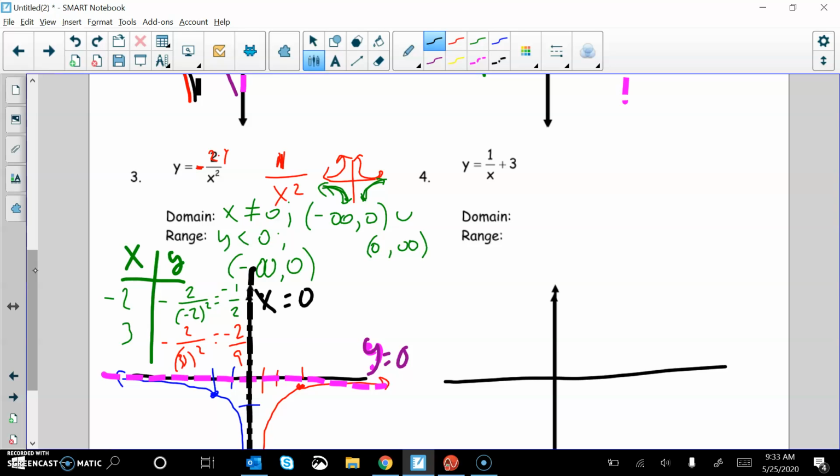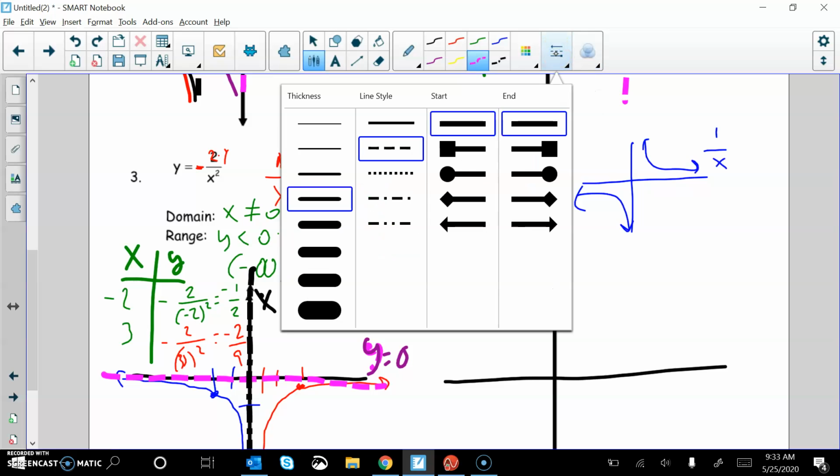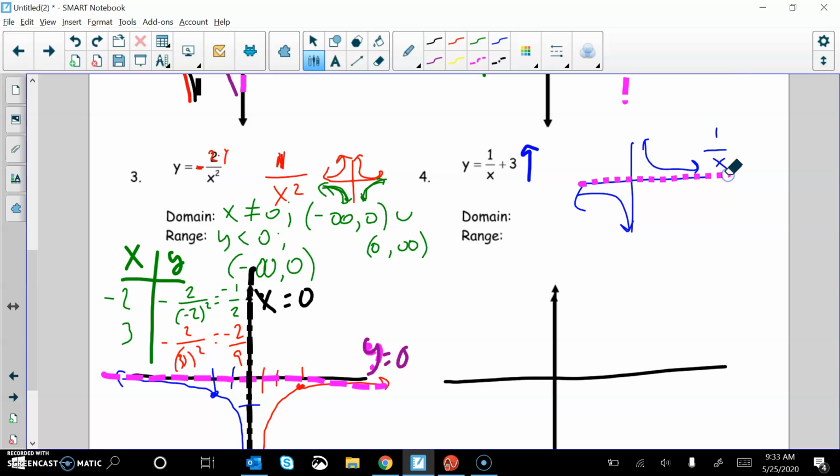All right, 1 over x plus 3. The only transformation we're going to have is this is going up 3 units. So if we go back to 1 over x, it's the first example up there. 1 over x looks like this, where we have a horizontal asymptote there, vertical asymptote there.